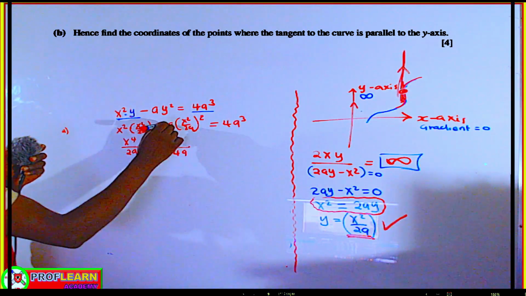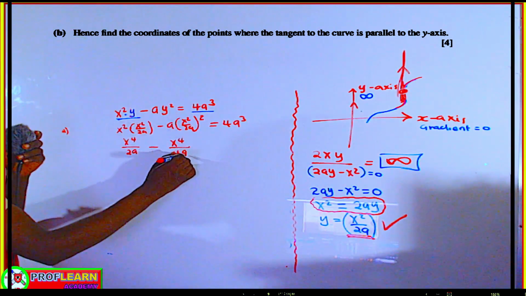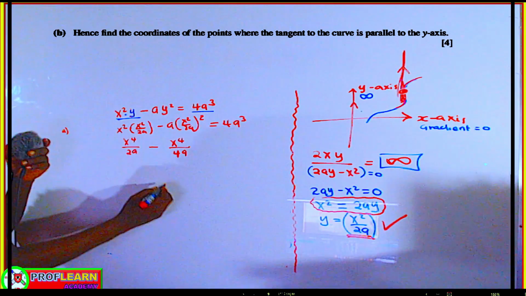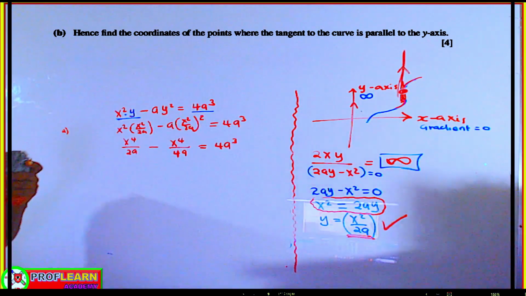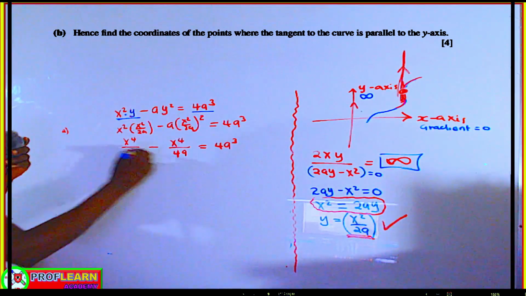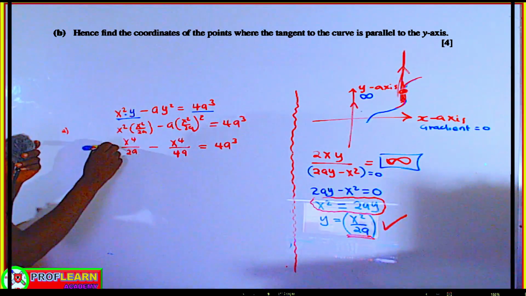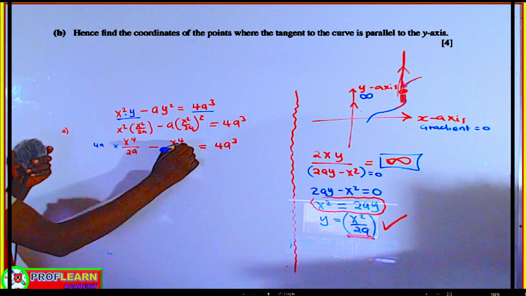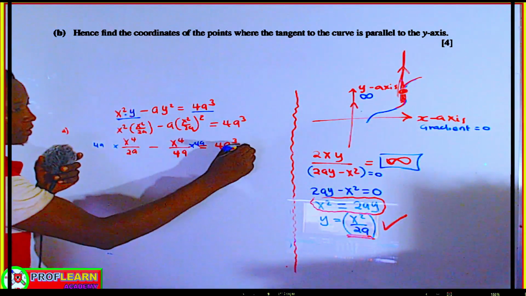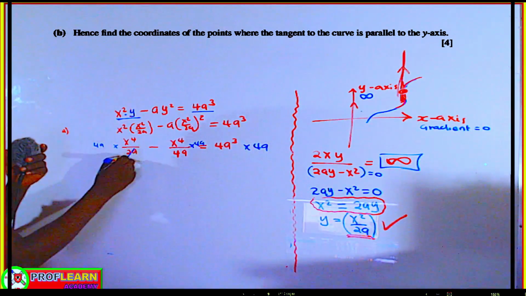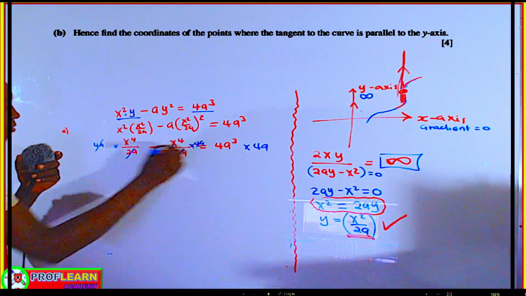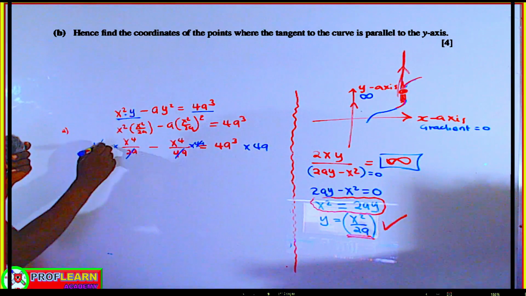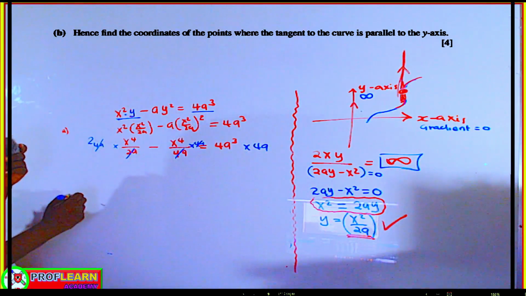One a is going to cancel, and we remain with 4a cubed. So we are going to multiply all through by 4a. This and this will cancel out, and if this cancels out, we remain with 2 at this given point.